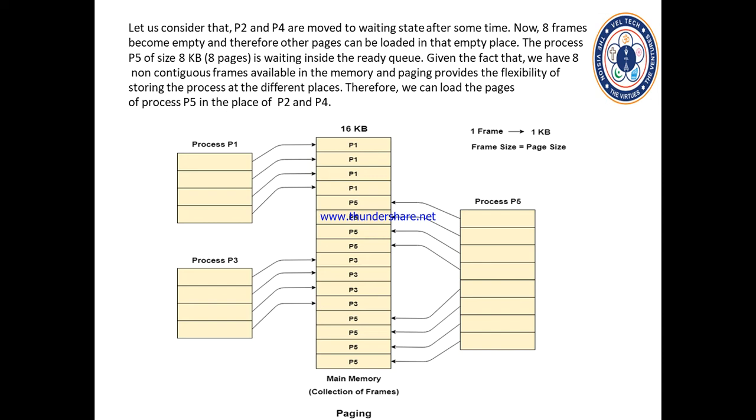So we have 8 non-contiguous frames available, and paging provides the flexibility of storing the process at different places. We can load the pages of process P5 in the place of P2 and P4.